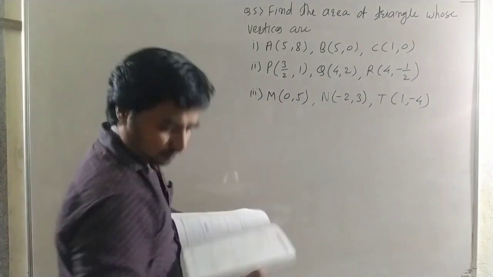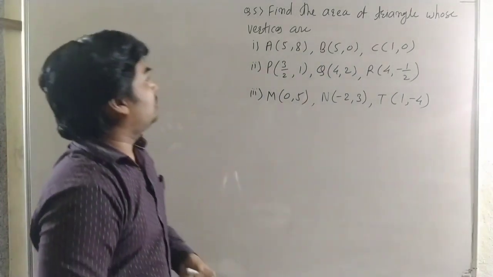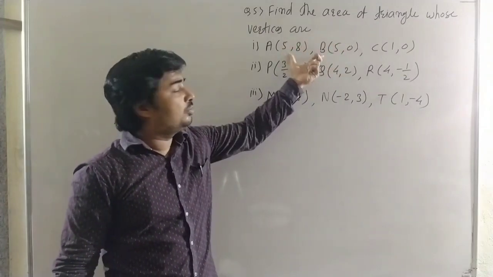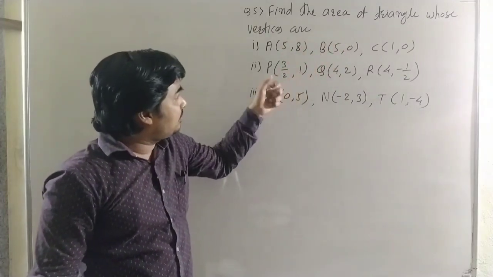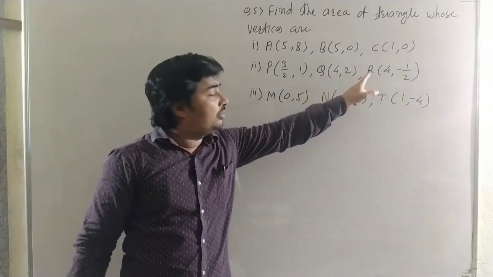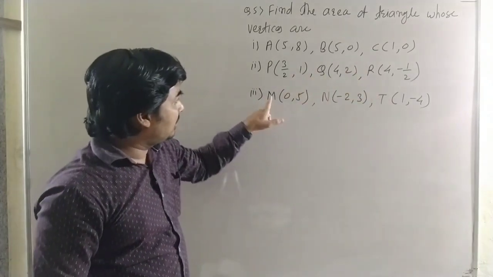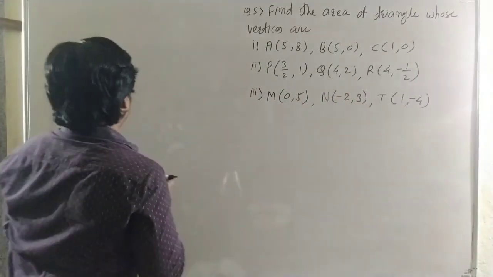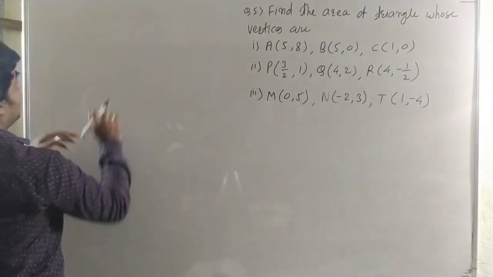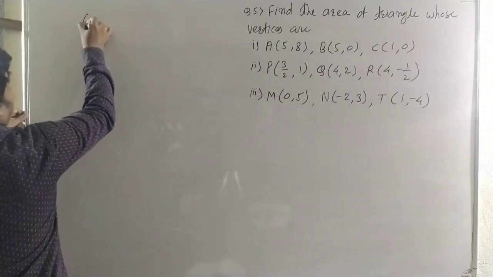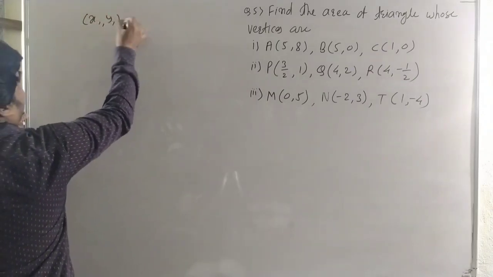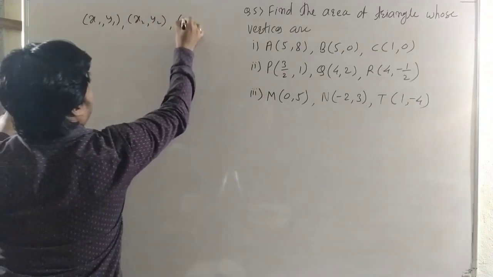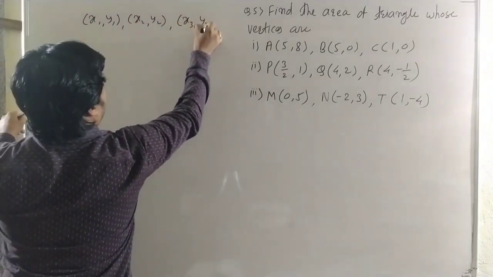Okay, here we have to find the area of triangle ABC. In the second example, we find the area of triangle PQR, and in the third example the area of M, N and T. Here we know the vertices of the triangle are x1, y1, then x2, y2, and the third vertex x3, y3.